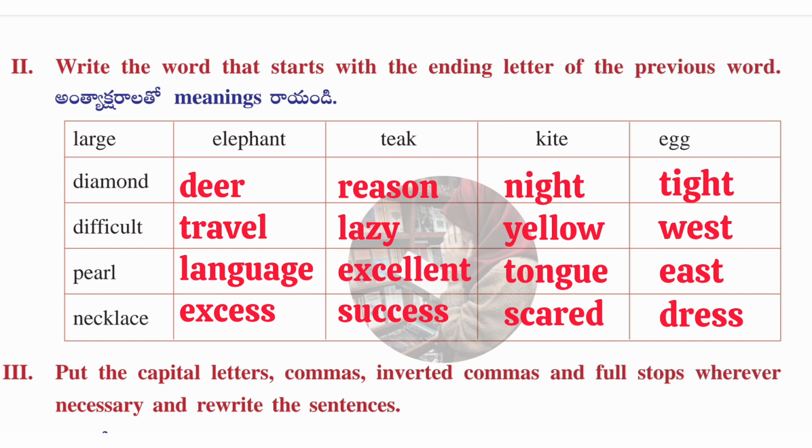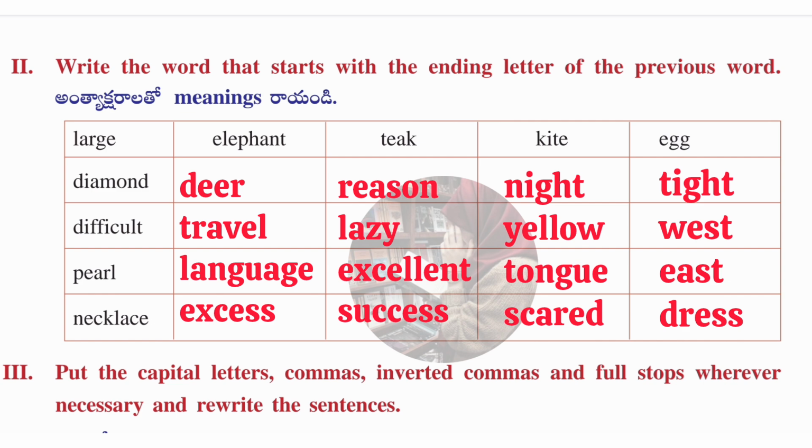Then Y, yellow. W, west. Then pearl, L for language, E for excellent, T for tongue, E for east. Next one is necklace, E for excess, S for success, S for scared, and D for dress. Have you got it, guys? So in this way you have to write down the chain of words.